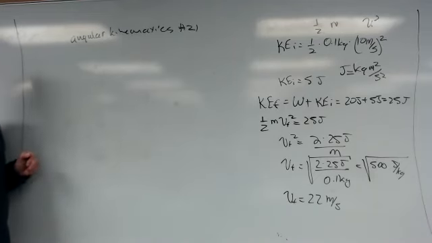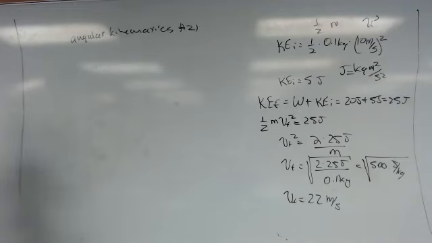When does the wheel have that angular velocity? So tell me what's happening in the problem.